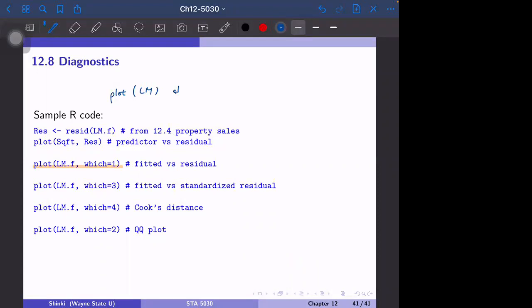If you want a specific plot, you can specify plot(lm object, which = 1, 2, 3, and I think maybe 5 also, 1 to 4 or 1 to 5. So 1 is fitted versus residual, 2 is the QQ plot, 3 is fitted versus standardized residual, and 4 is for Cook's distance. You can use these for the final projects or any projects that require statistical diagnosis.